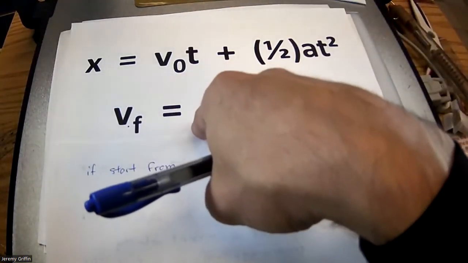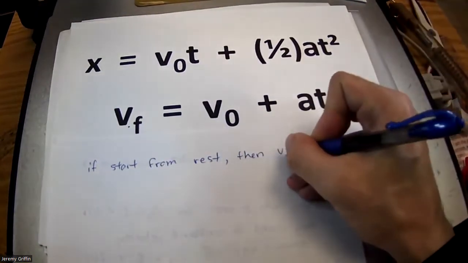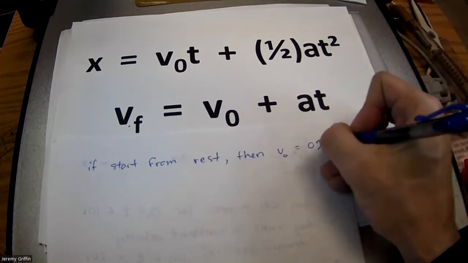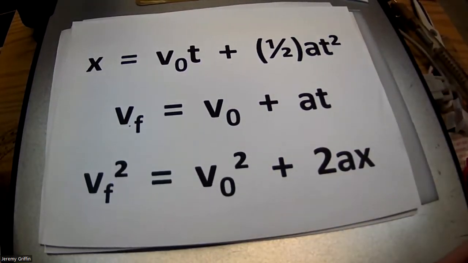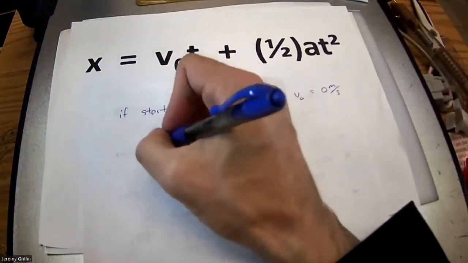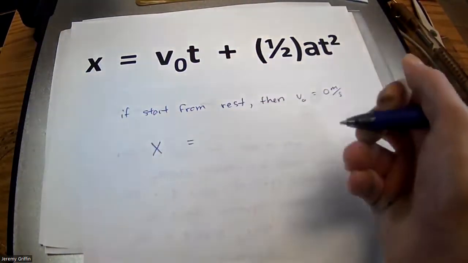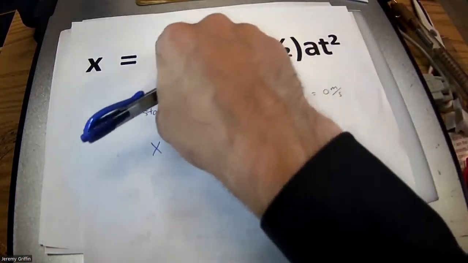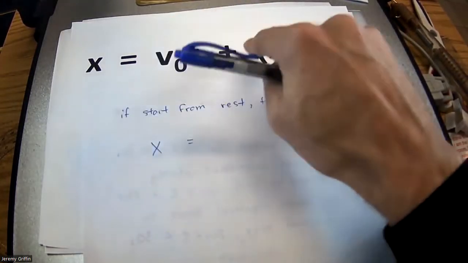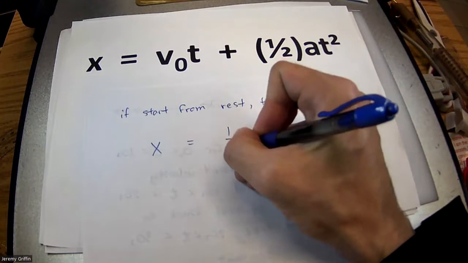V naught is 0 meters per second. Could you use simplified versions of these equations given that condition? For example, what would x be equal to? As long as you're starting from rest, this piece goes to 0, and what are you left with? Just 1/2 a t squared.